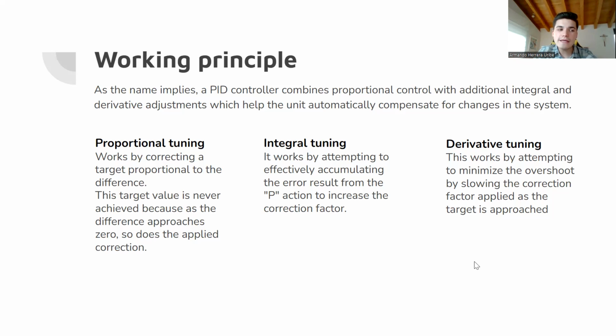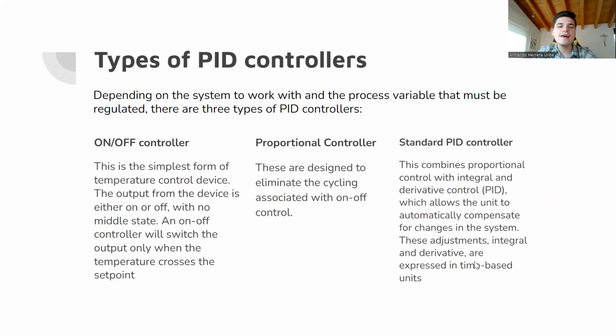Rather than stop the heating when the target is reached, the integral tuning will attempt to accumulate the error to zero, resulting in an overshoot. So the integral tuning will never stop the flow of heat, but rather try to smooth it, and this will cause an overshoot that will be corrected by the derivative tuning.